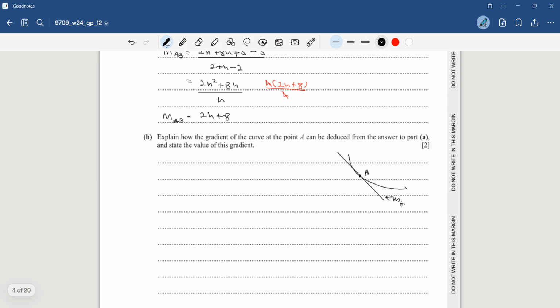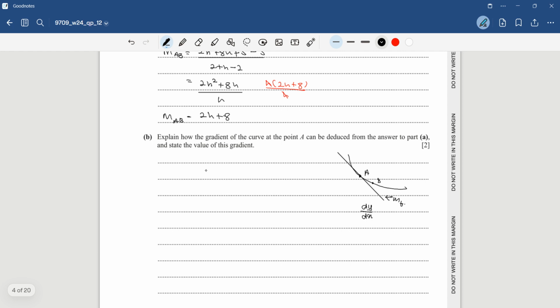So it means the gradient at point A is equivalent to the gradient of the tangent at point A, right? How will we do this? We will do it by using differentiation. So dy over dx, and then we substitute our x value, right? For this case, let's say B is here. So how can this lead to finding the gradient at A?